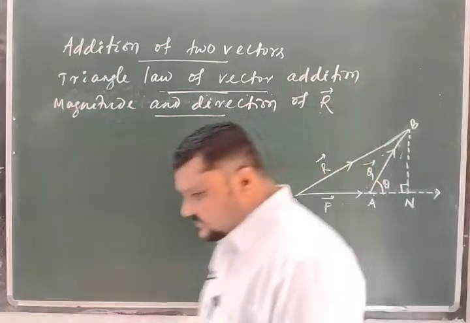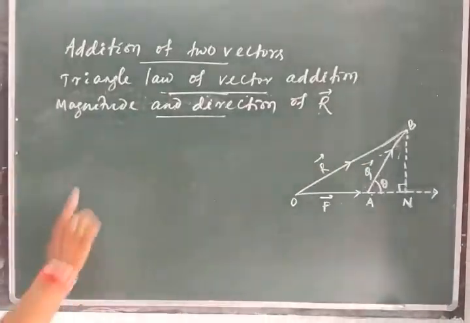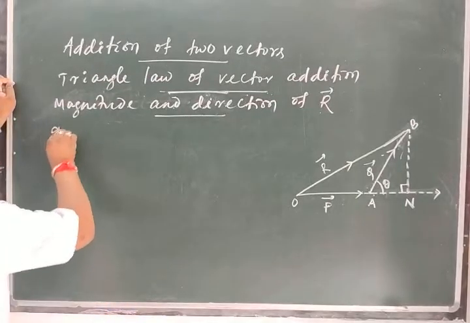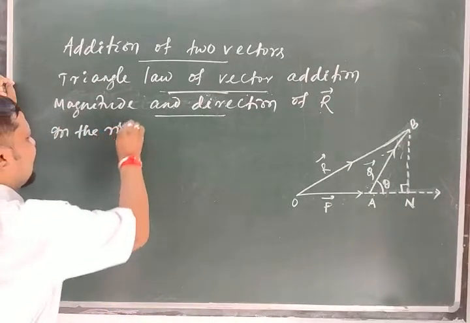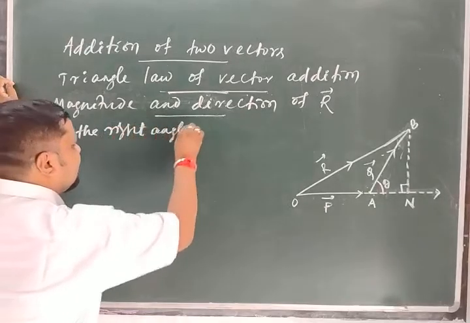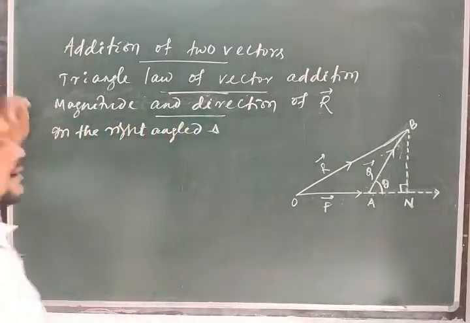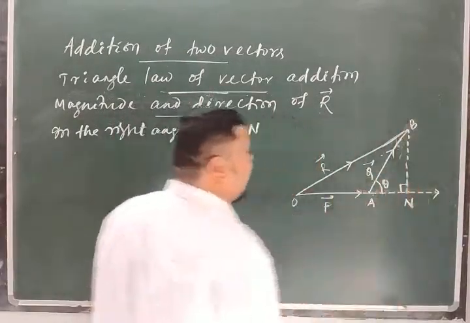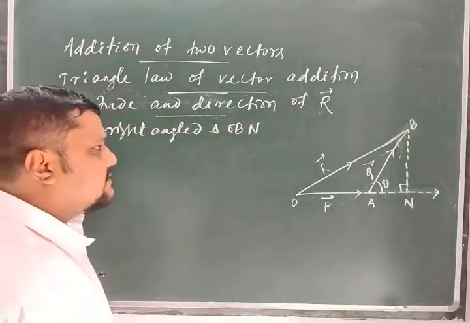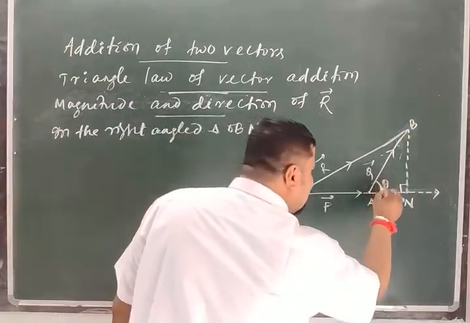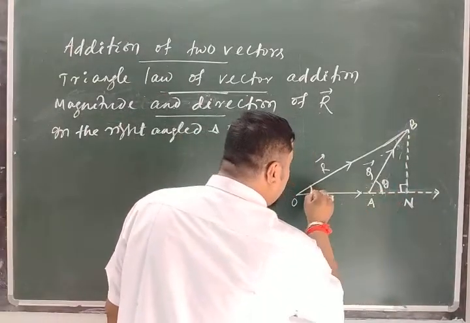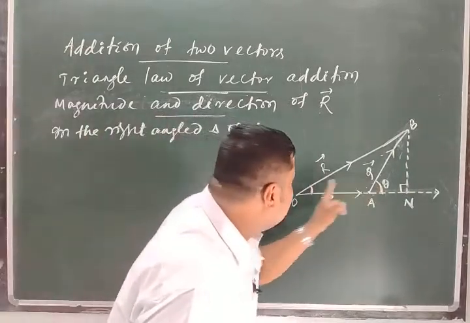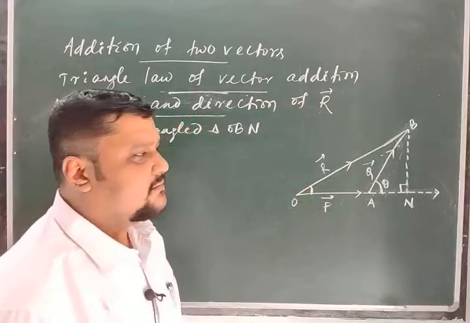Clear? Now we go for the right angle triangle OBN. In OBN, if this angle is theta, what about this angle?